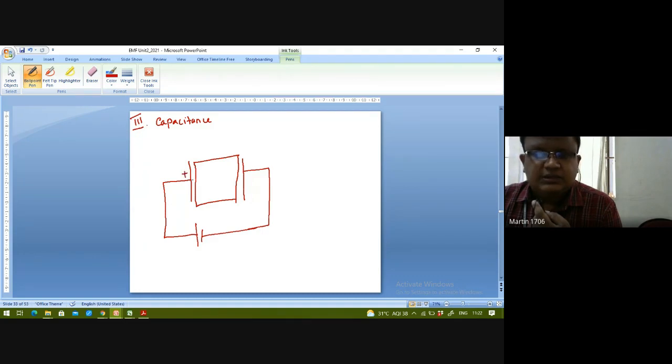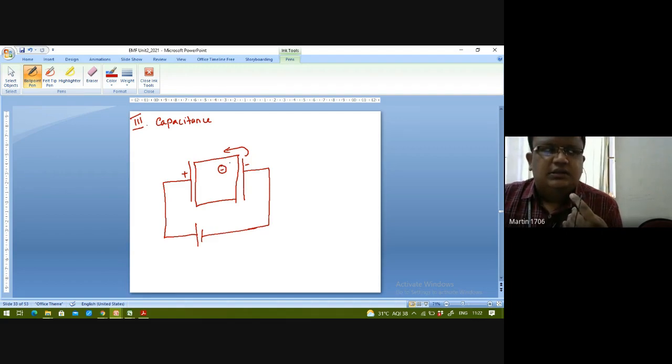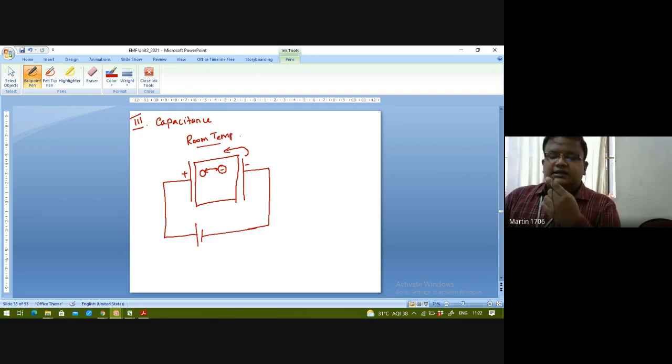Suppose this is your positively polarized plate and this is the negatively polarized plate. Electrons will come from the negative polarity. The majority carrier for the negative is electron, and for the positive it is hole. When they combine at room temperature, all semiconducting material will conduct.